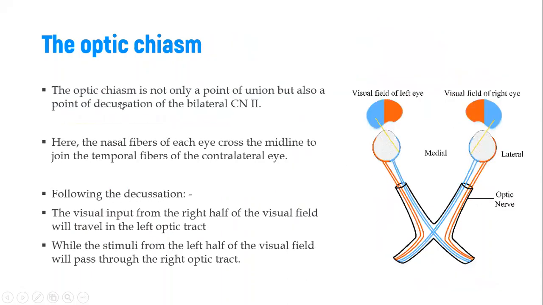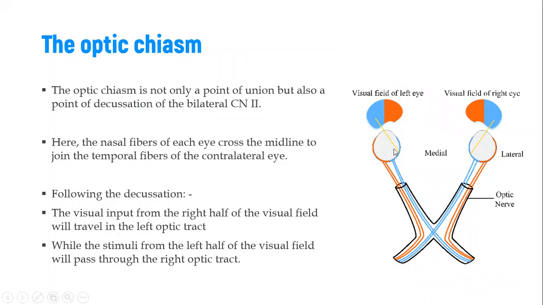So once they leave the eye through the optic canal, we have the optic nerves. They come and converge at a point we call the optic chiasm. This is not only a point of union or convergence, but also a point of decussation. So basically, that is where they separate from each other.